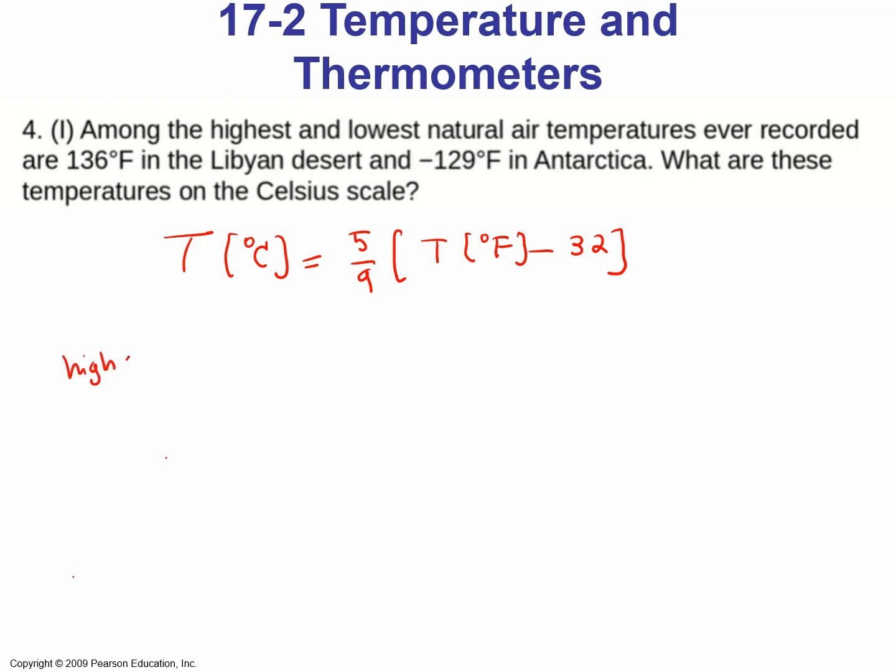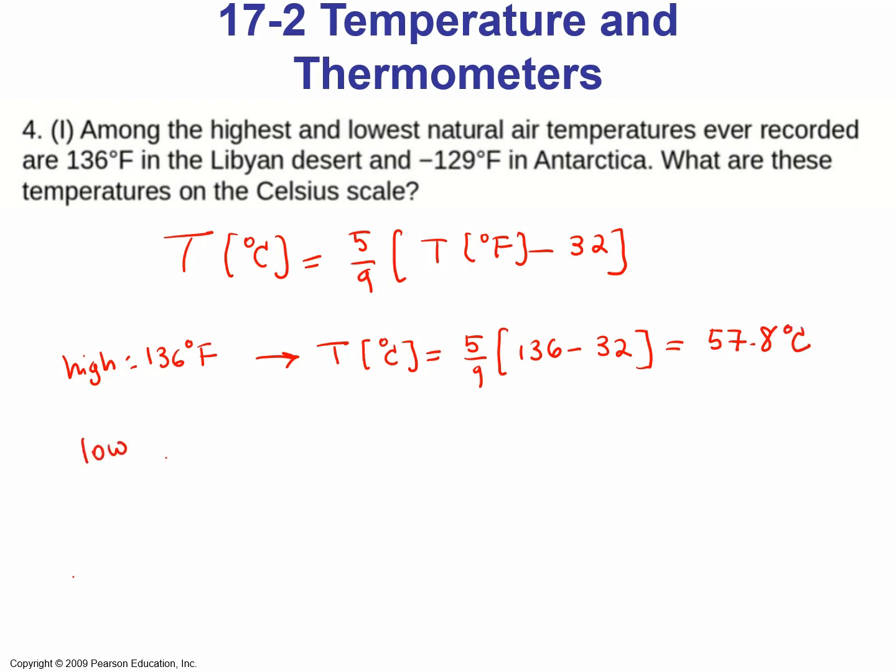For the high temperature of 136 degrees Fahrenheit, the temperature in degrees Celsius is equal to 5/9 times (136 minus 32), and it gives us 57.8 degrees Celsius.